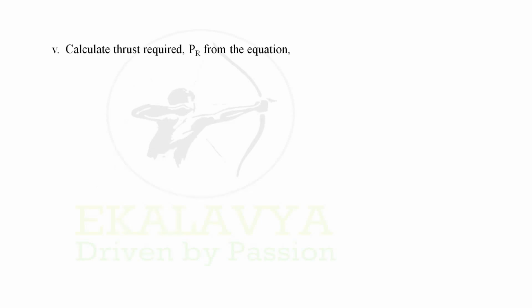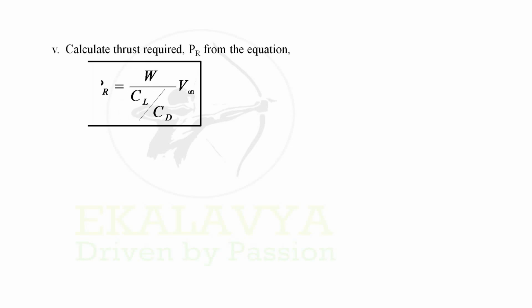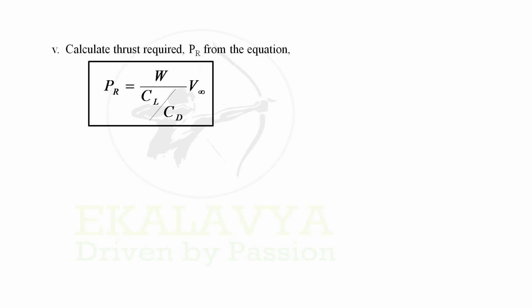The fifth step will be to calculate power required PR from the equation. The power required is equal to weight divided by coefficient of lift CL by coefficient of drag CD into free stream velocity V infinity. Substituting weight as 324,720.18, CL by CD ratio as 12.8129, and velocity chosen over here is 150 meter per second.